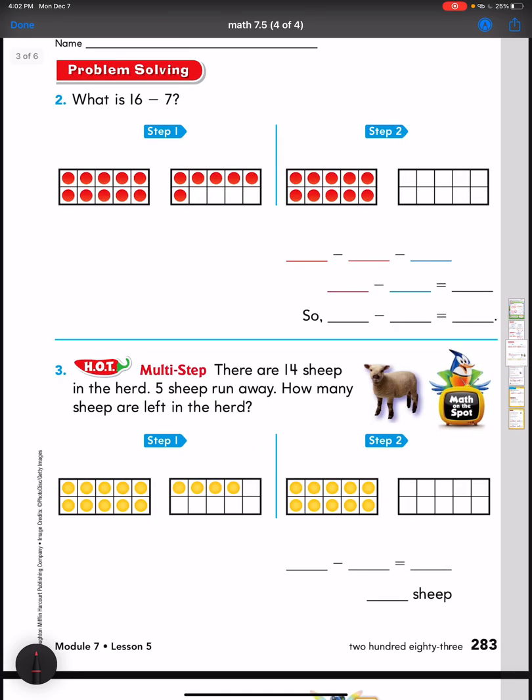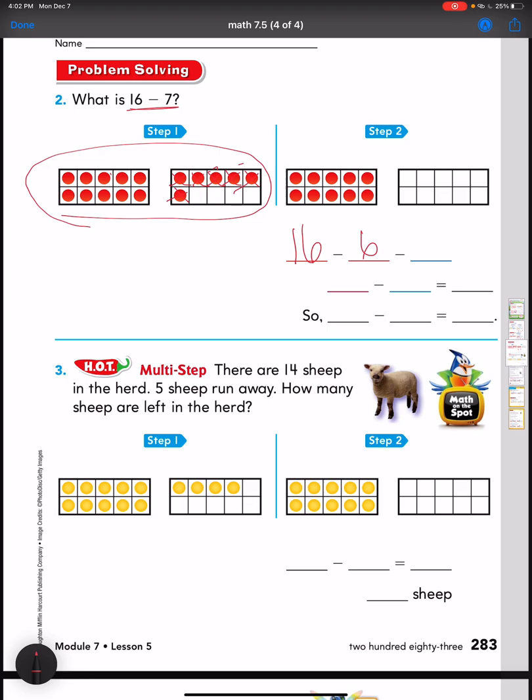All right. We're going to do number 2 the same way. What is 16 minus 7? So notice how in my 10 frames, I have a total of 16, okay? I have to take away these 6 to get down to just this 10.